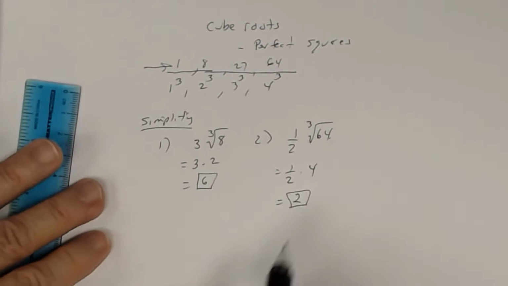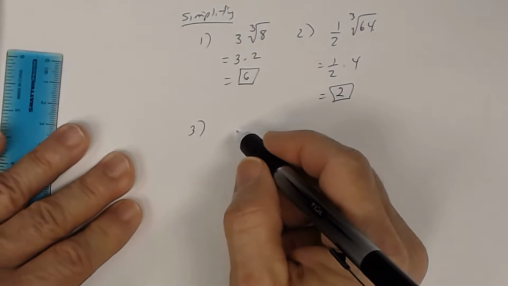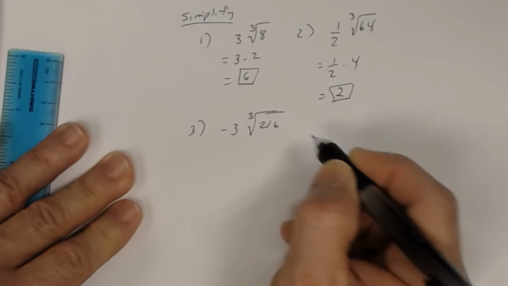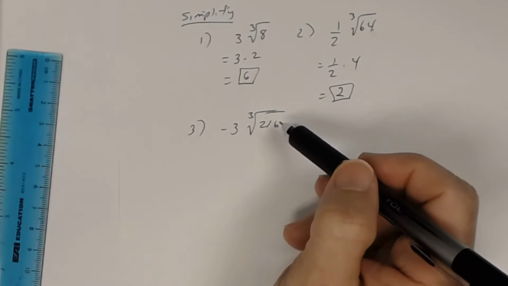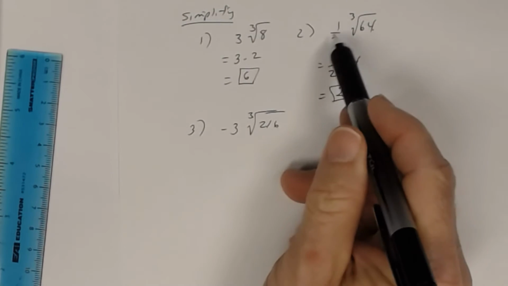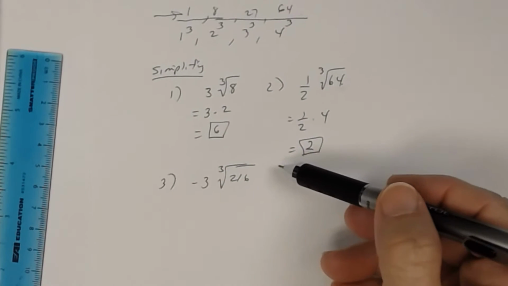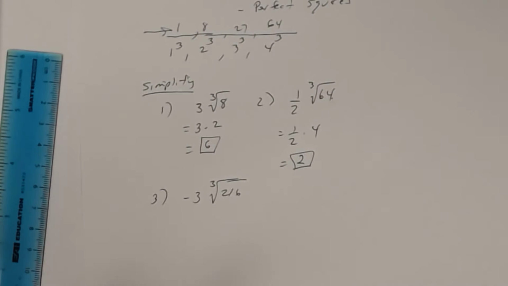All right. Number 3, suppose we have negative 3 times the cube root of 216. The examples we're dealing with now, the radicands, are going to be perfect cubes. So you may say, well, I don't know what the cube root of 216 is. Well, all you got to do is play around.